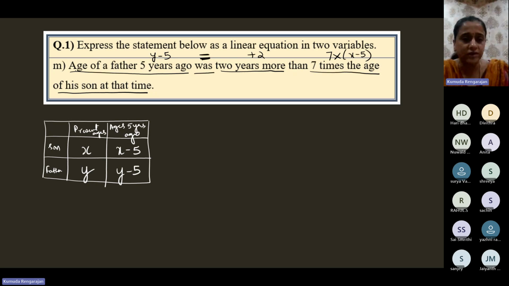Age of the father 5 years ago, so Y minus 5 was equal to 2 years more, so plus 2, 7 times, 7 into the age of his son at that time, that means 5 years ago, X minus 5.